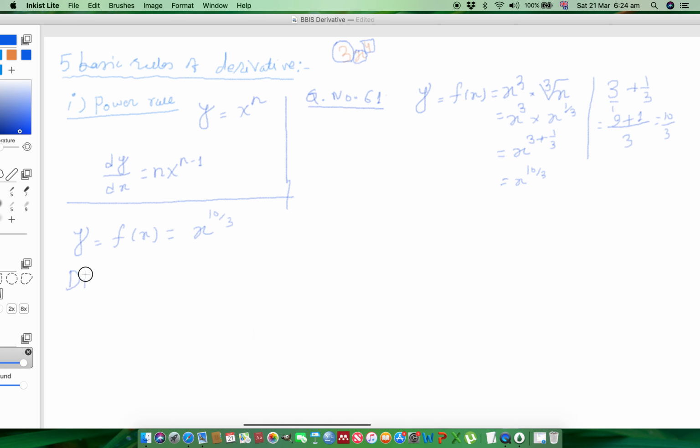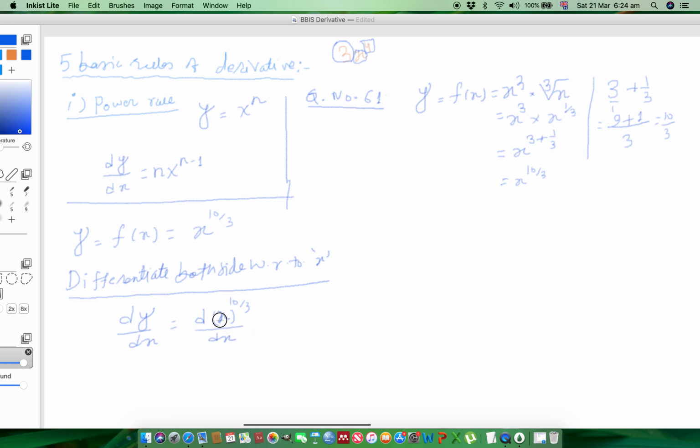So differentiate both sides with respect to x. I think you have done this long ago in grades 11 and 12. That is dy over dx is equal to d of x to the power 10 over 3 whole over dx.